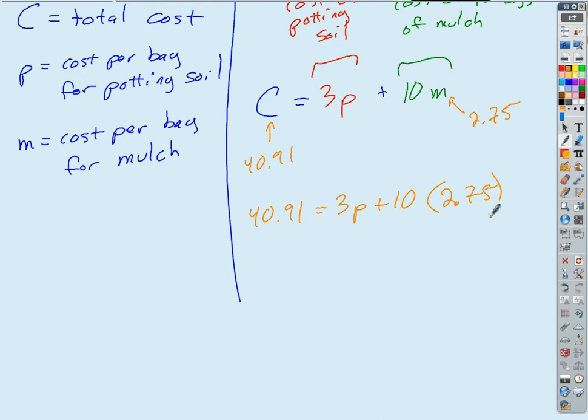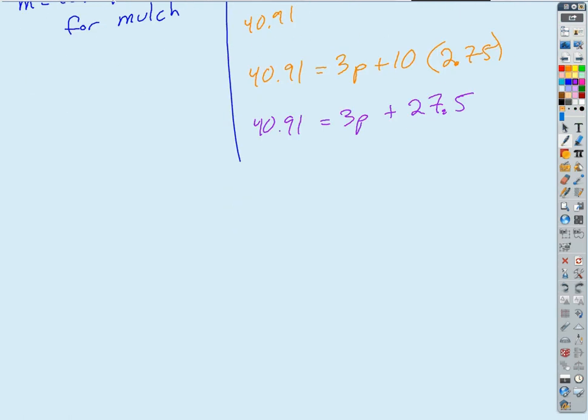Move the decimal one place to the right, and I get the equation 40.91 equals 3P plus 27.5. What are the two steps to solve for P? Subtract, and then divide by 3, and we got it, right? See what I'm saying? Piece of cake, all right?